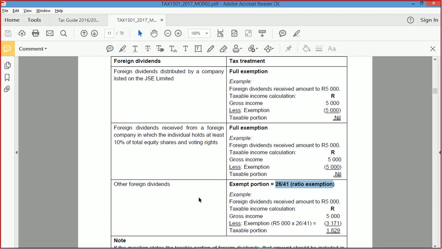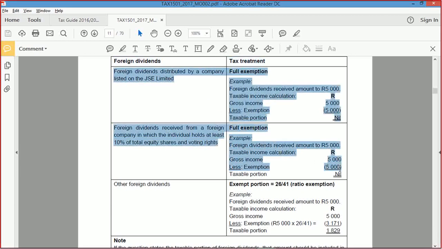So whatever dividends you receive from Facebook, as long as it's a foreign company paying a foreign dividend, if you hold 10% or more of the voting rights and the equity, then you would receive an exemption. I just wanted some clarity on that. Yeah, thanks. All right, and then the other foreign dividends are from anywhere else.